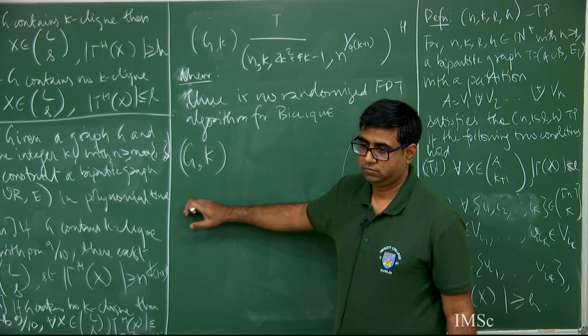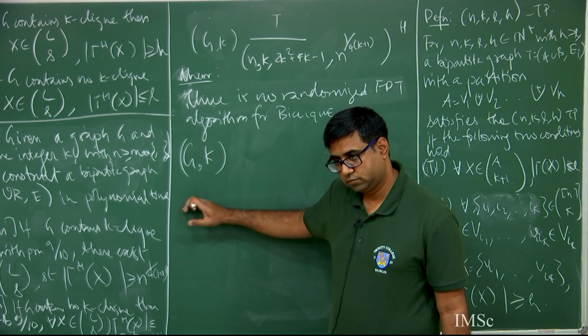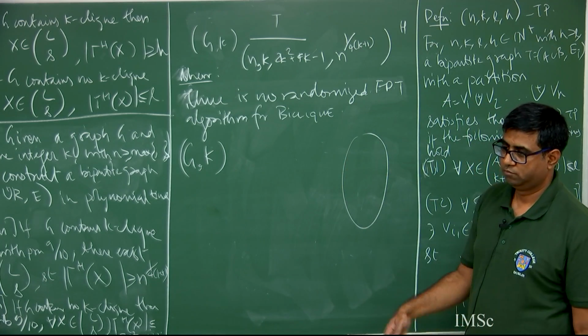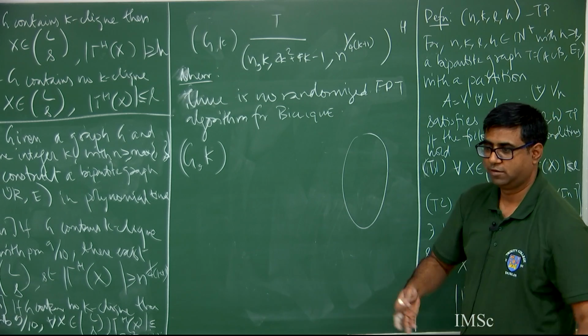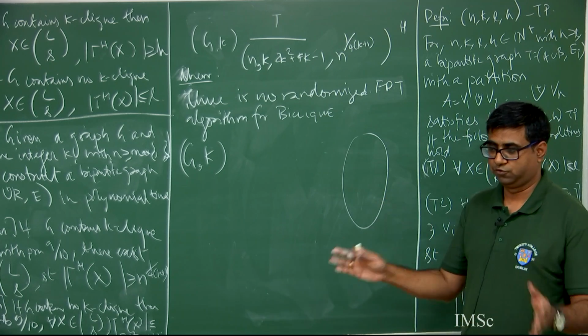So basically we are contradicting the fact that clique has a randomized FPT algorithm. This is unlikely. We believe randomized ETH, we believe randomized W1-hardness, everything. But as I told you, there is a deterministic construction which shows this.